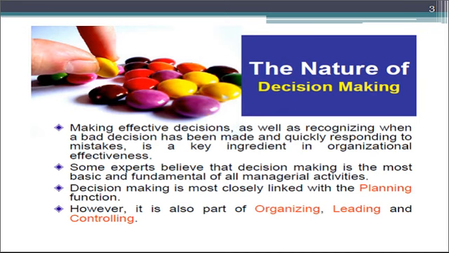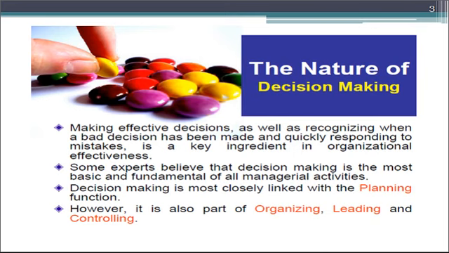So here we have discussed that planning is the first phase of the function of the manager. So decision making is the most basic and fundamental task of all the managerial activities.